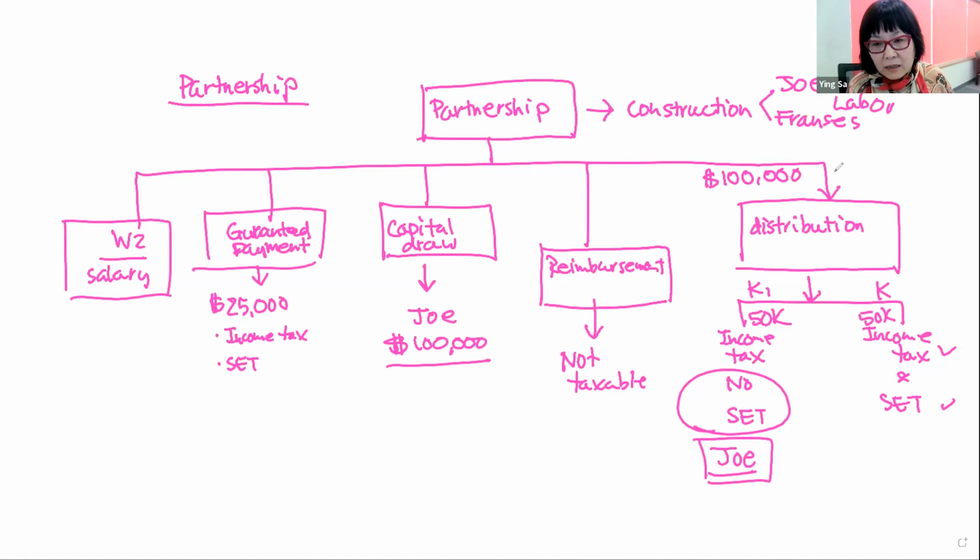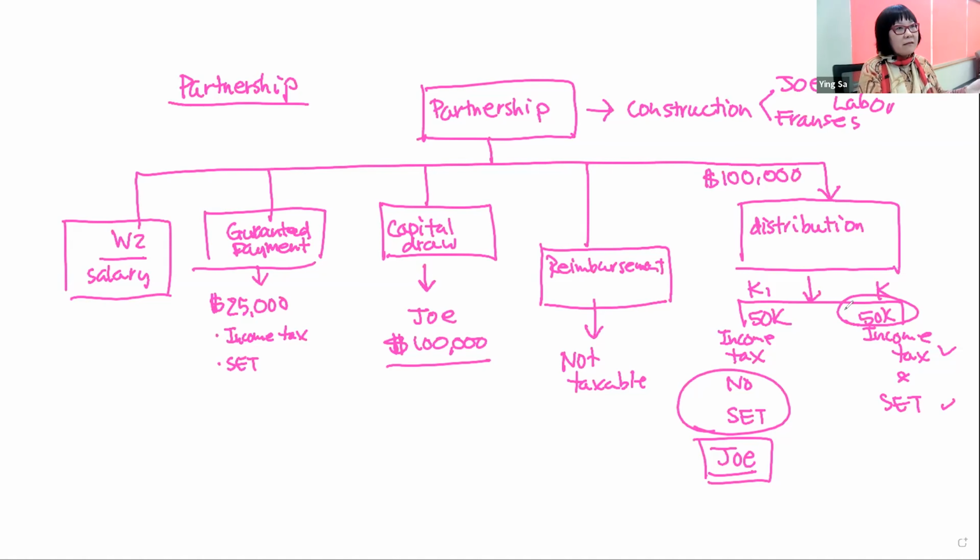However, the partnership will make you pay taxes on the 50K, and on the back of the book, it will document that Francis only took 20K, and there's a 30K left in the company.